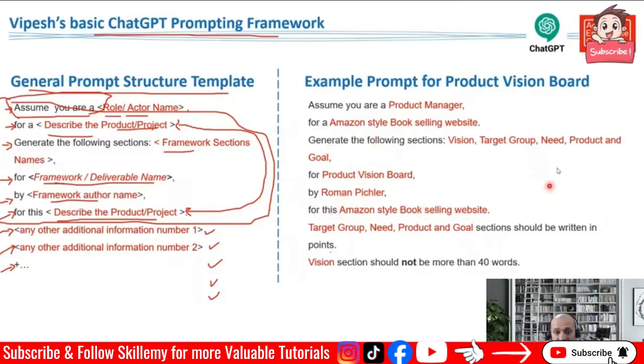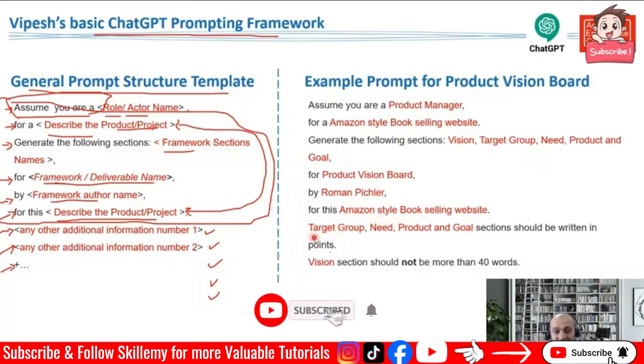So in this section, we are telling ChatGPT which sections we want it to produce for a Product Vision Board. This framework is authored by Roman Pichler, and we want it to produce this Product Vision Board for this Amazon-style website.